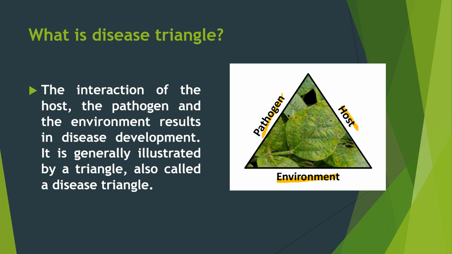For example, some environments are conducive for the growth of fungal pathogens, some support the growth of bacterial pathogens, while some prevent the occurrence of disease on plants. So there is a complex interaction going on between pathogen, host, and environment.